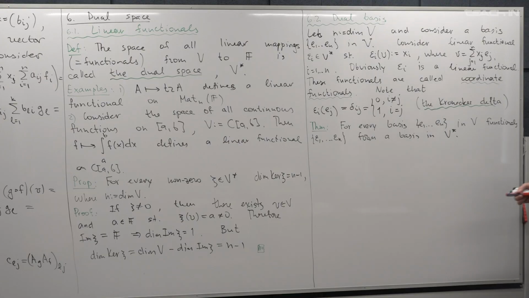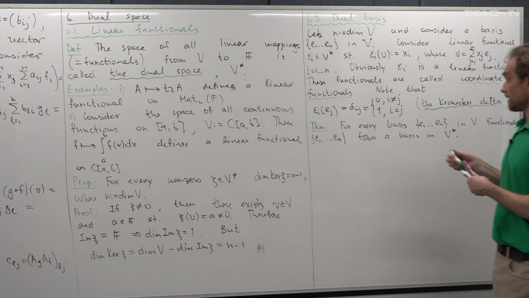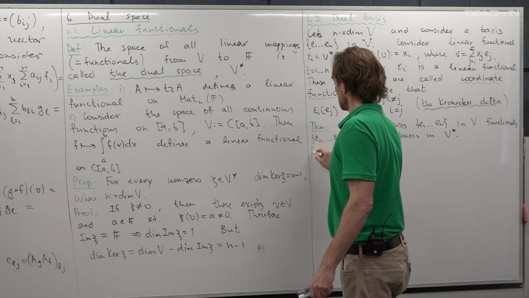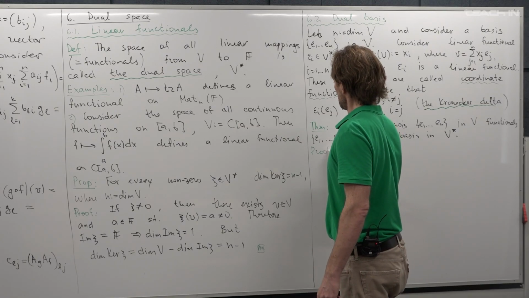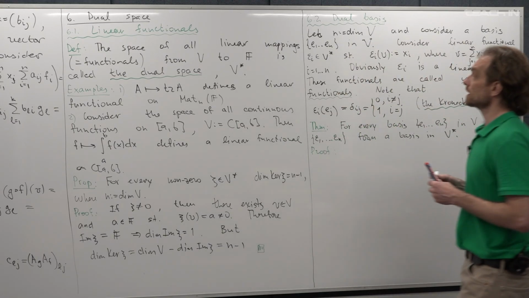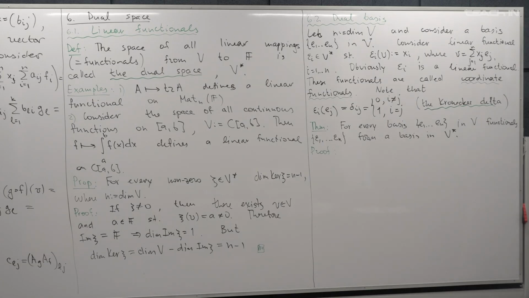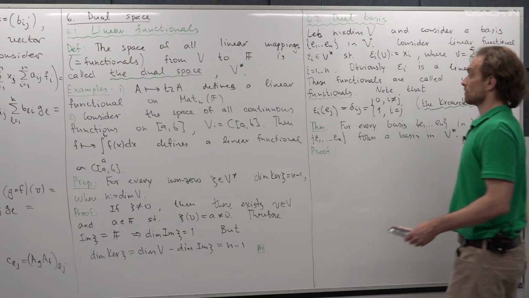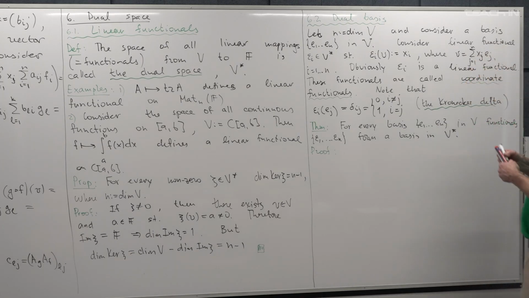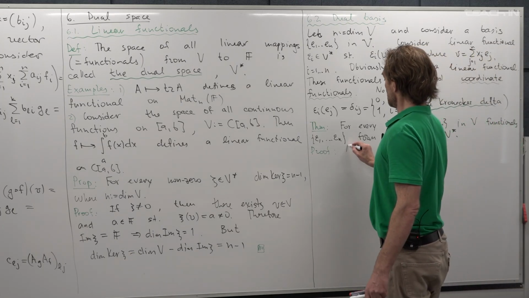So we need to prove two different things. First, we need to prove that these elements are linearly independent. And secondly, we need to prove that every linear functional can be represented as a linear combination of these coordinate functionals.